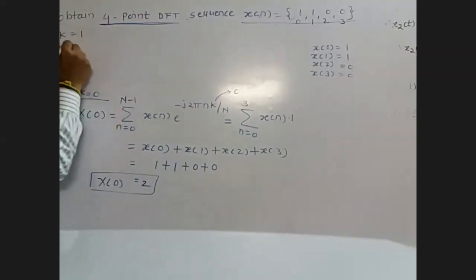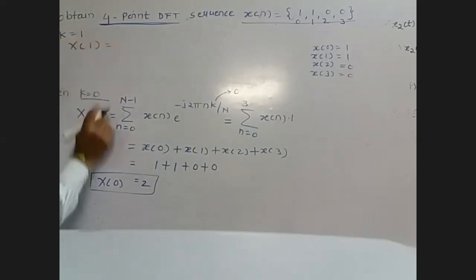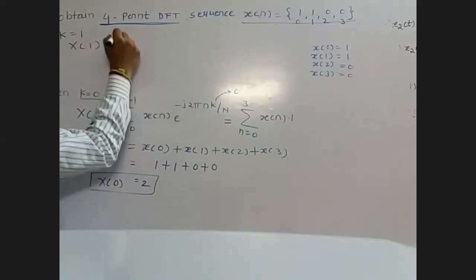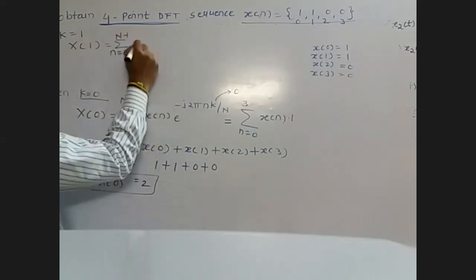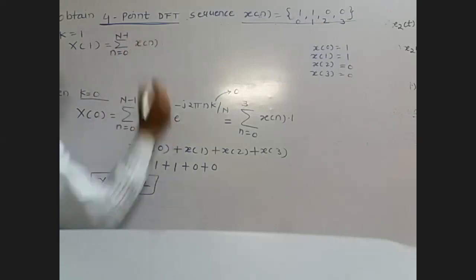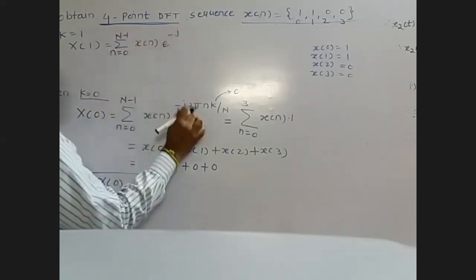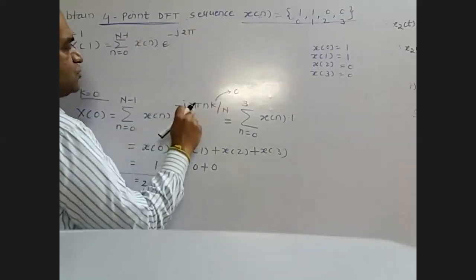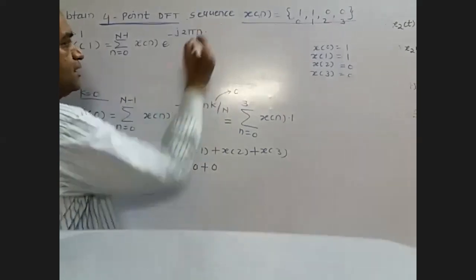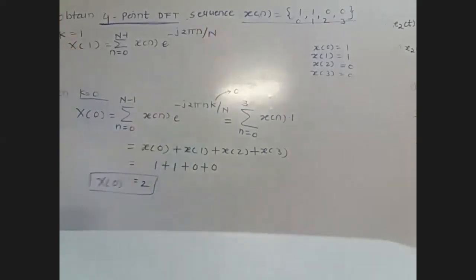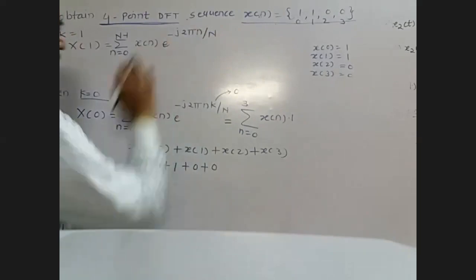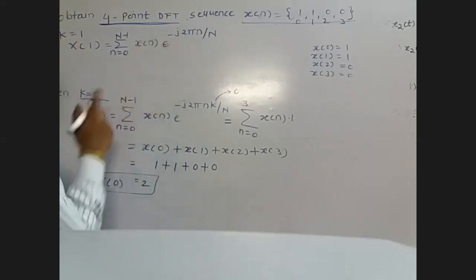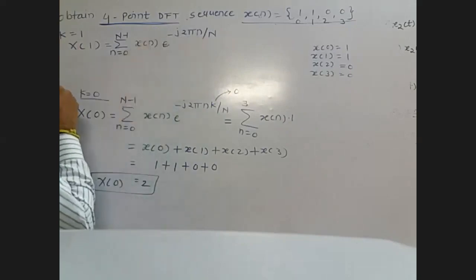Now x of 1 is equal to summation of n equal to 0 to N minus 1, x of n into e raised to minus j 2 pi k n by N. Now I am putting the value of k as 1, so 2 pi n into 1 by N. Hope you are getting this.